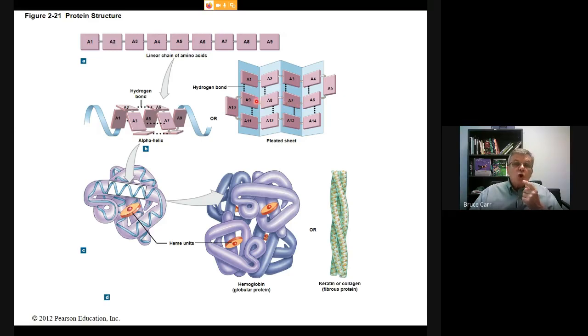Now, once those local regions are folded, the secondary structure, the remaining groups fold that single chain into a three-dimensional structure, in this case, around a central group called a heme group. This is tertiary or third-level structure, and that's what happens with a single chain. But we are not done with this particular illustration because the single chain is not the active molecule.